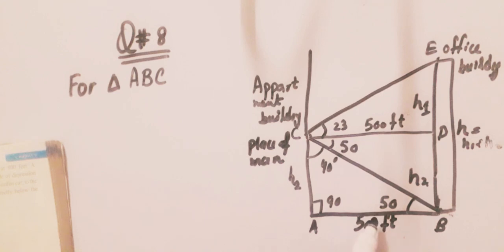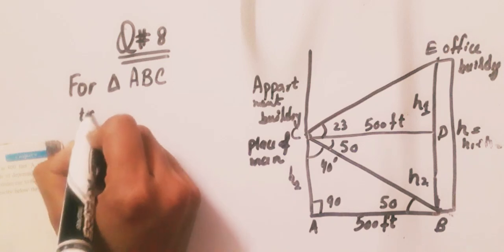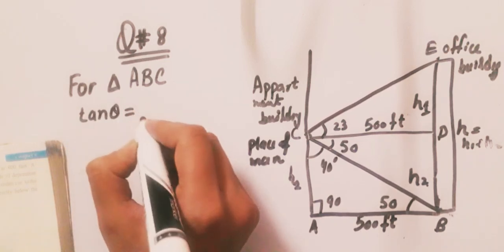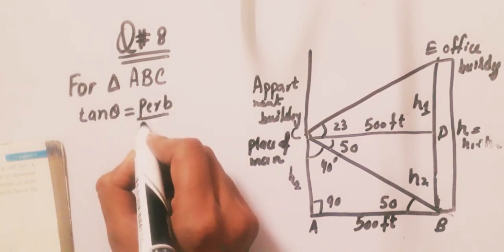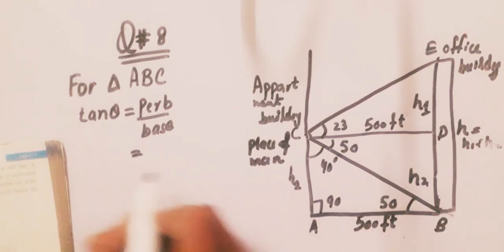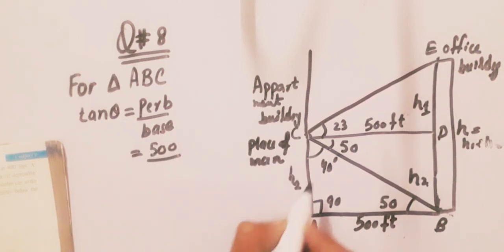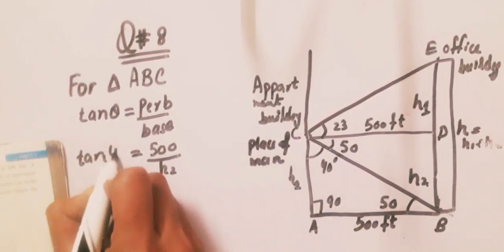You will use tan theta according to tan 40 degrees. This is the base and the perpendicular is equal to 500 feet. So for triangle ABC, tan theta is equal to perpendicular by base. Now perpendicular is equal to 500 and base is equal to h2 and the angle is 40 degrees.